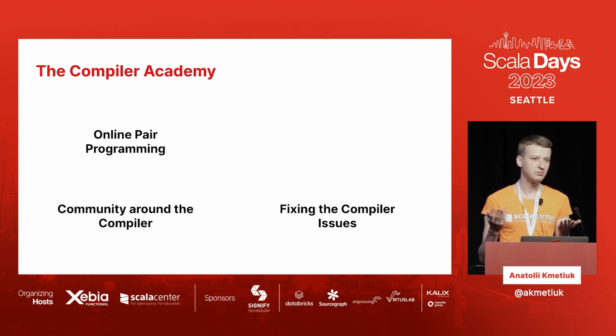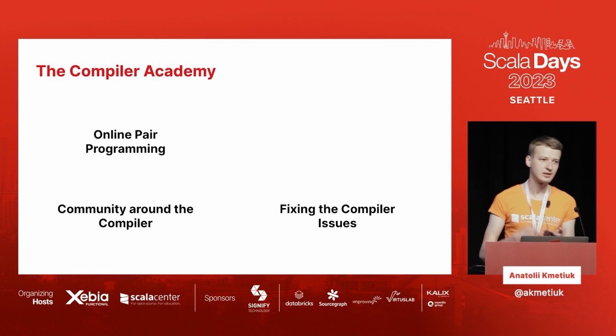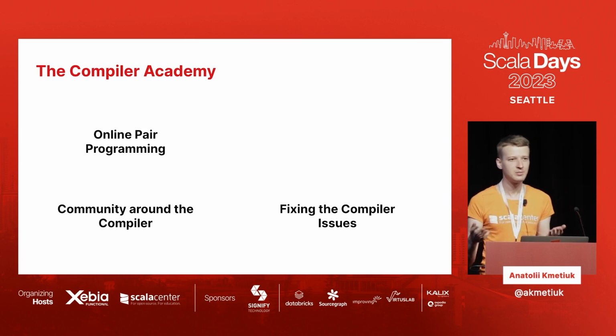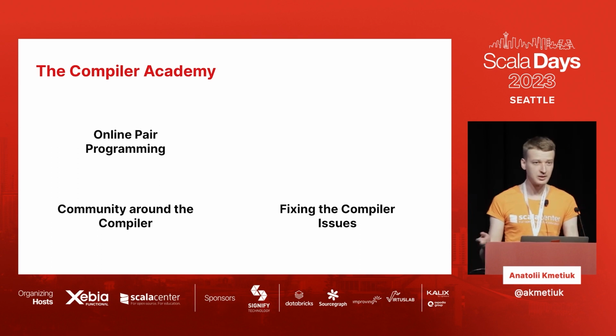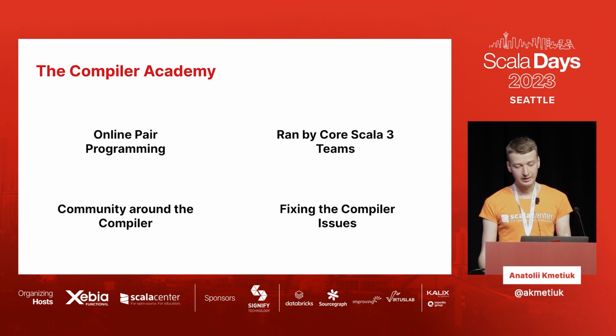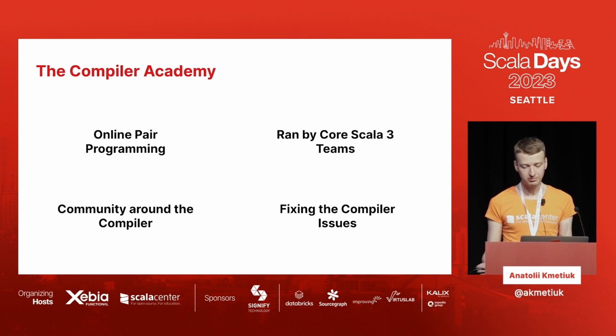There are contributors from outside the core teams, which are EPFL Scala Center, LAMP, Lightbend, and VirtusLab. People outside those teams are generally outside our internal communication channels, so that might also be a problem. And finally, the Compiler Academy is run and supported by the core Scala 3 teams that I just named.